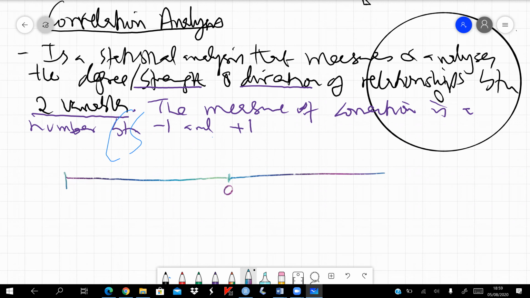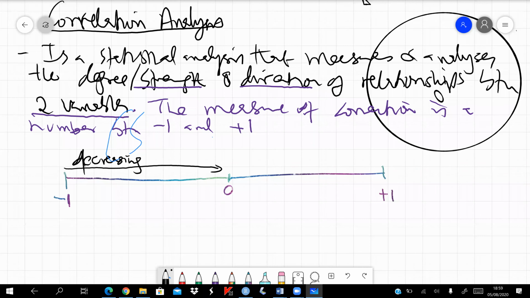So this is 0. This is a straight line now. This is -1. This is +1. So from -1 towards 0, this is decreasing.